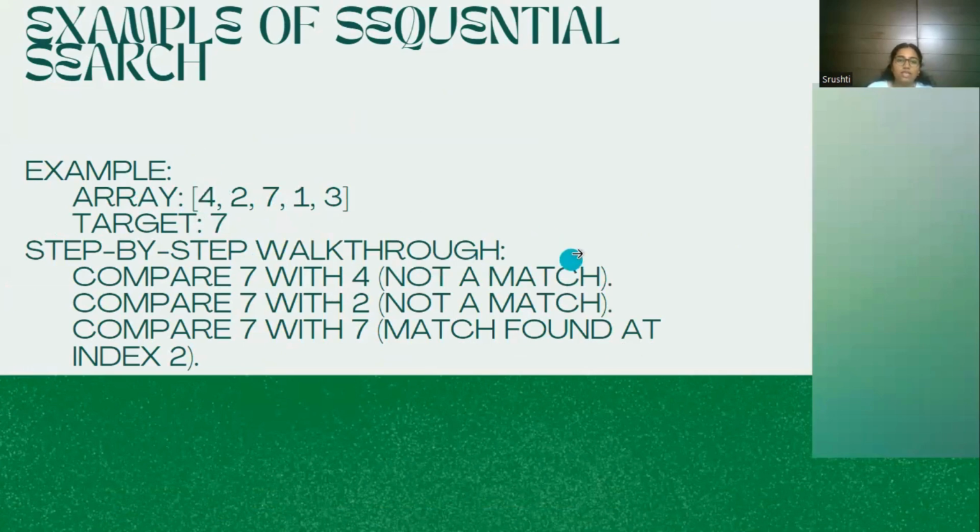Since it is not the same, it increments the value, and next it is compared with the second element, that is 2. Since 7 is not equal to 2, it again increments the value. Next, it increments the value to 3. And now you can see that since 7 is equal to 7, a match is found at index 2.